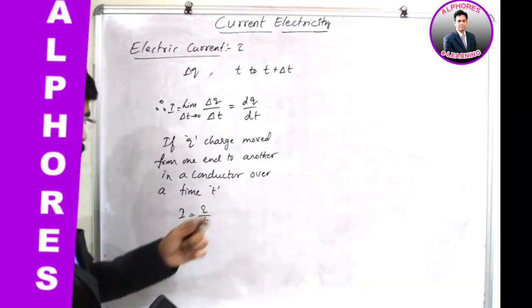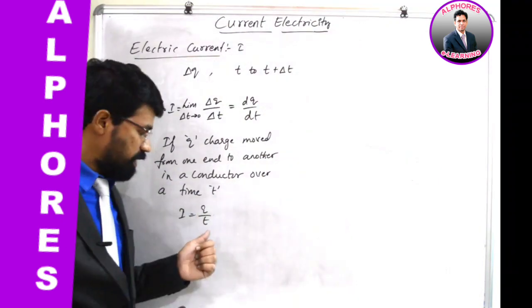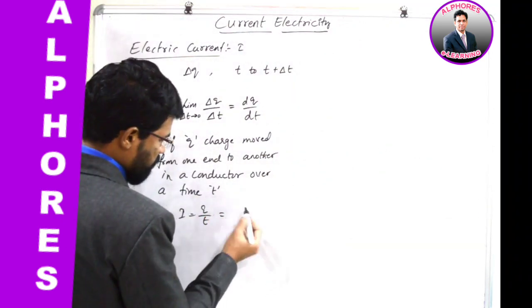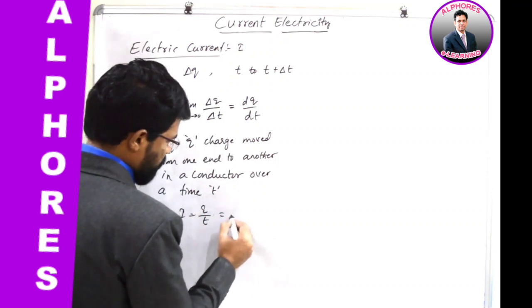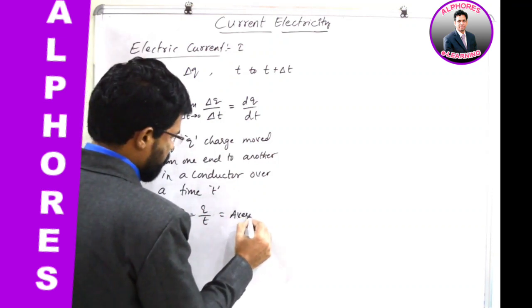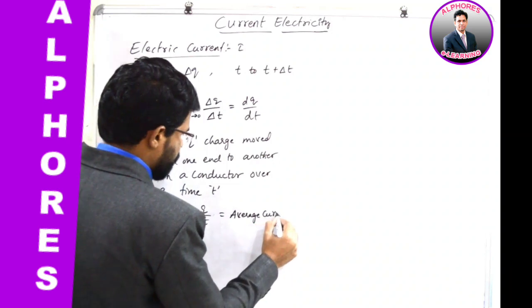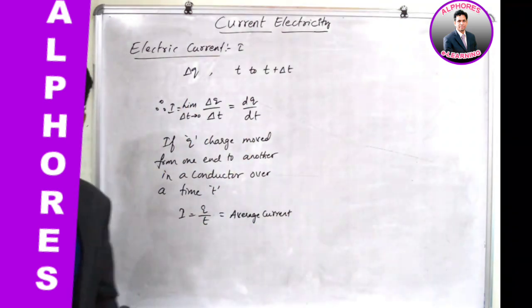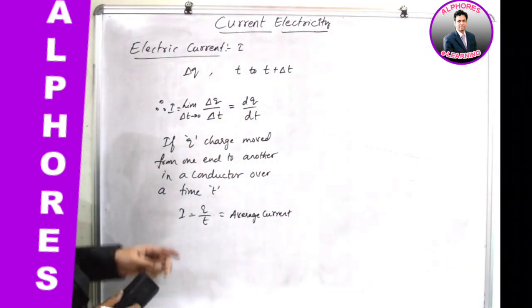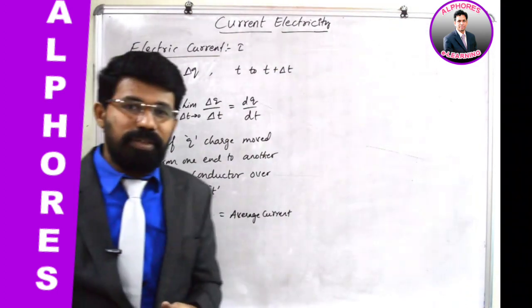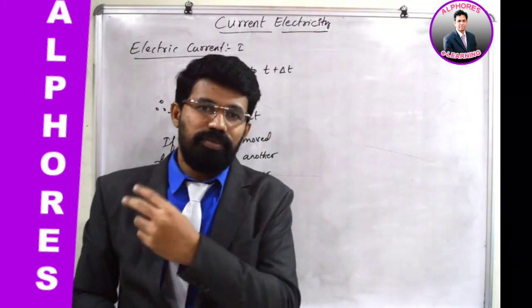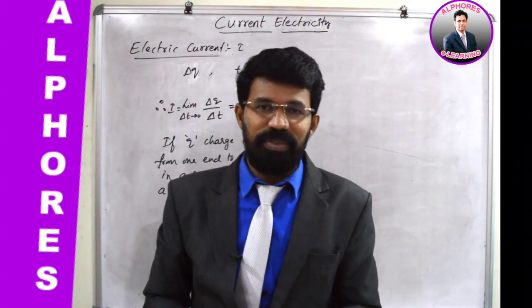It's like total charge that has flown through the conductor divided by total time taken. You can also call this average current. This can be called instantaneous current. So this is what you should recollect immediately when you think about electric current. The net rate of flow of charge through the conductor is called electric current.